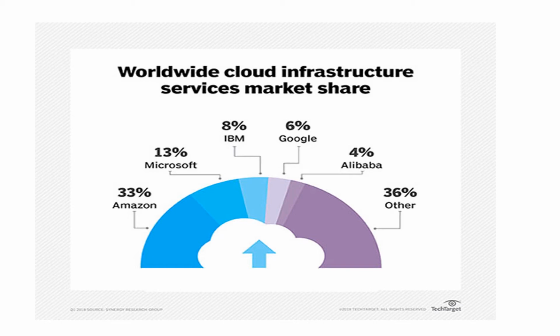It's not even a decade since they created their infrastructure. In the coming years, the other companies, Microsoft, IBM, Google, and Alibaba, are continuously increasing their infrastructure, so there will be a slight difference in the market share that you see.